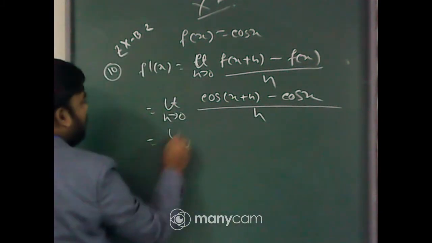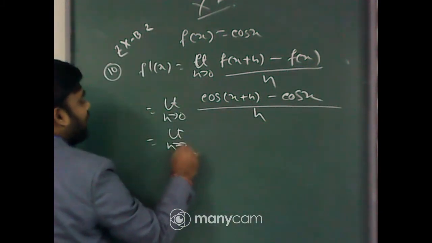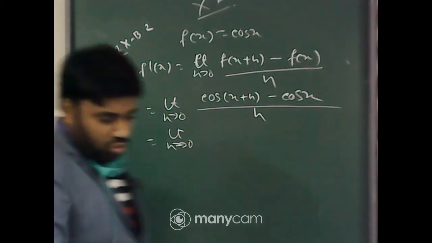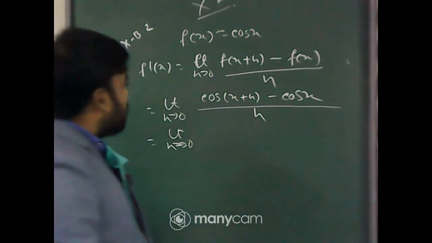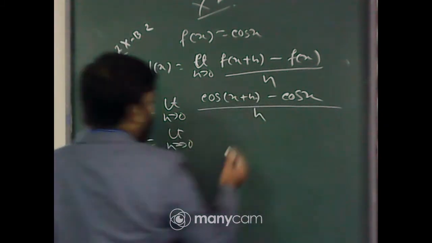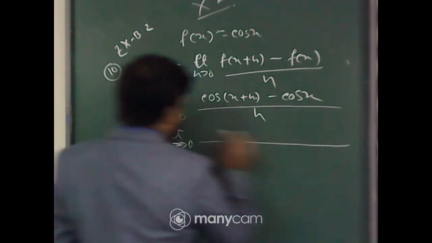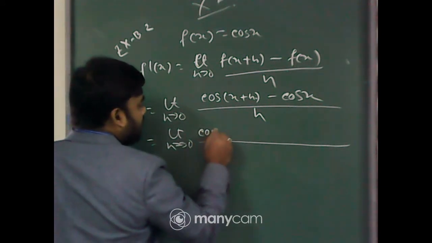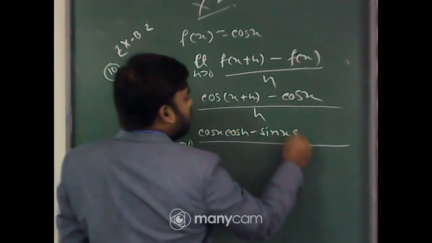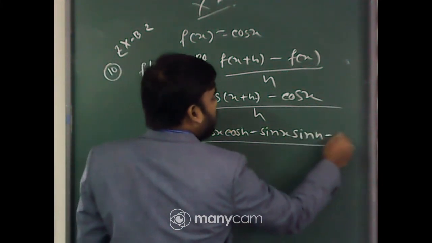Again, now the limit as h tends to 0. Here apply the cos(a+b) formula, that is cos a cos b minus sin a sin b. It means cos x cos h minus sin x sin h minus cos x.